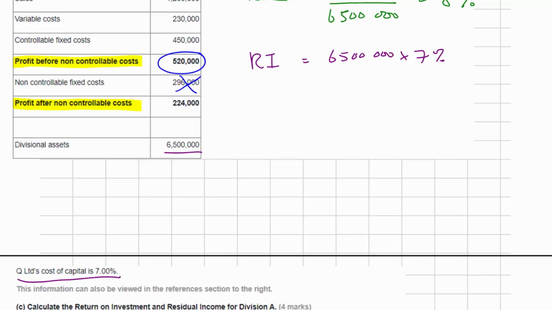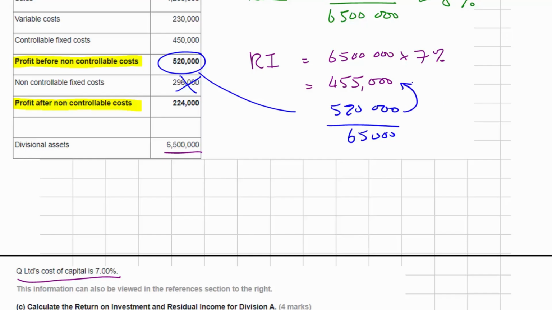So our 6.5 million times 7% means they want a minimum profit of 455,000. Now the good news is that we're actually earning more than that, aren't we? So that means that we are earning residual income of £65,000 because our profits exceed the minimum cost of capital by £65,000.